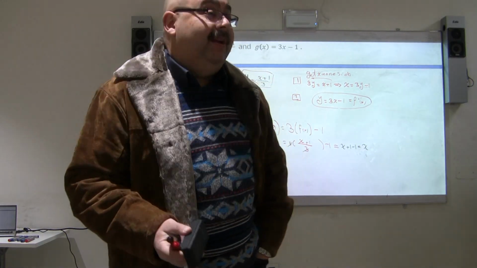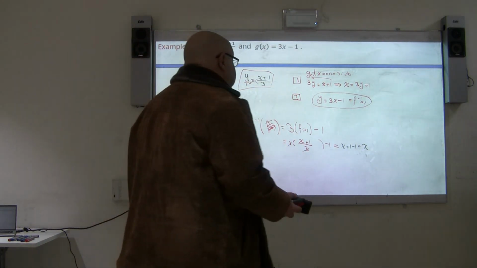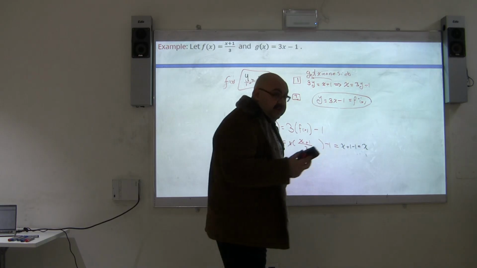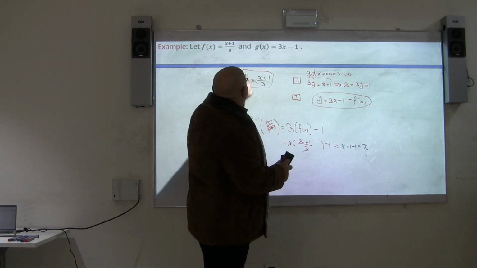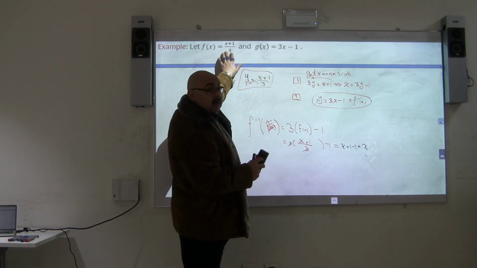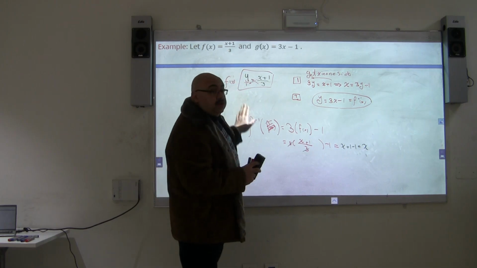Why x equal to 0? What I'm trying to get here, I'm trying to get the inverse of this function. So it has a domain and range.